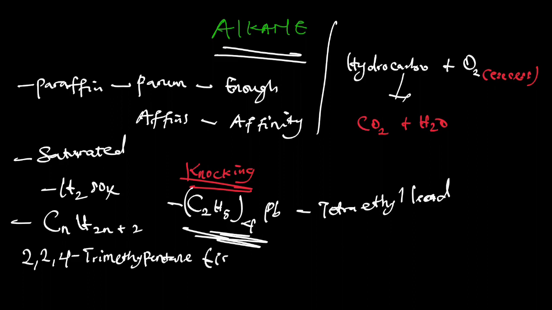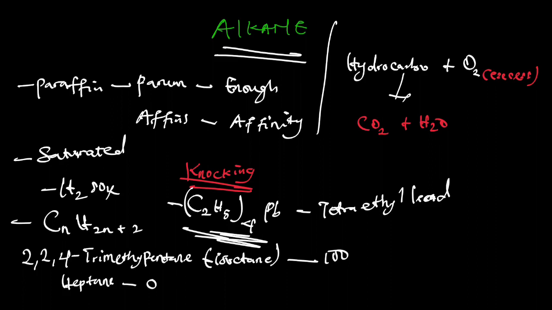So on this octane rating, this particular compound, also known as isooctane, is 100, while the lowest is heptane, which is 0.